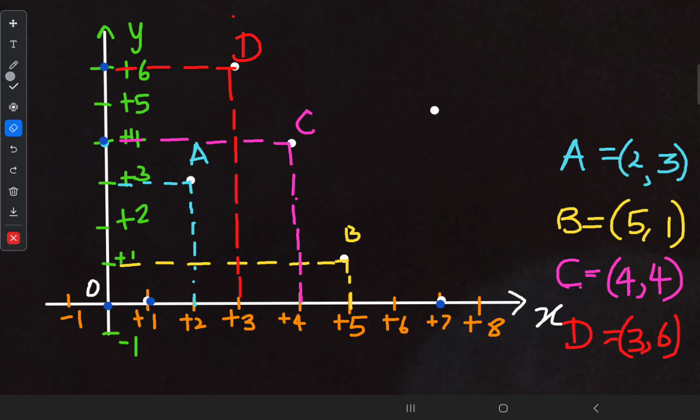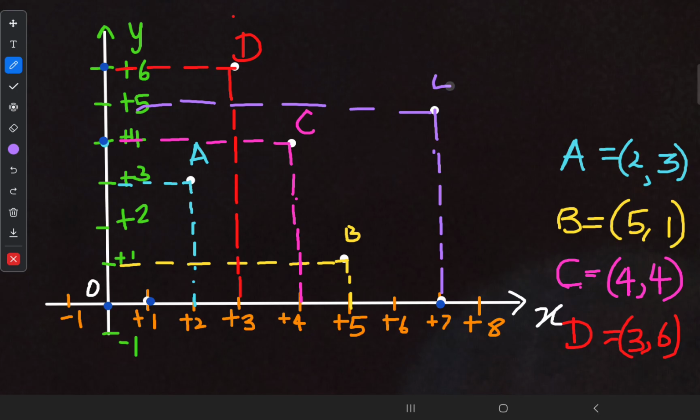Then for our next point, this one, when we connect this, this is our point E. Coordinates for E are 7 in the x-axis, 5 in the y-axis. Don't forget, first of all you have to mark your x value, then after that the y value.